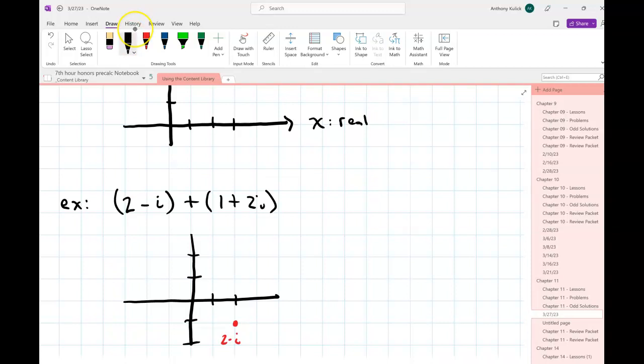And if I go from there and add them head to tail like I would a vector, I'd go 1 over and 2 up. So this is my resultant vector, which would be at the point (3, 1).